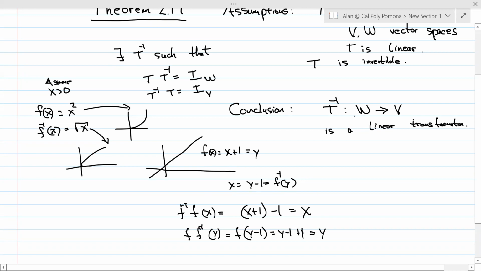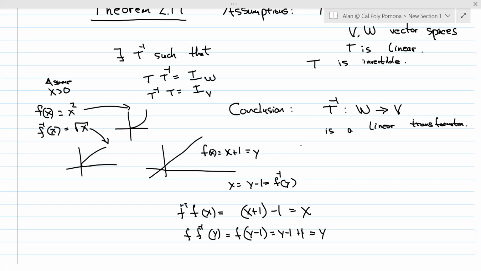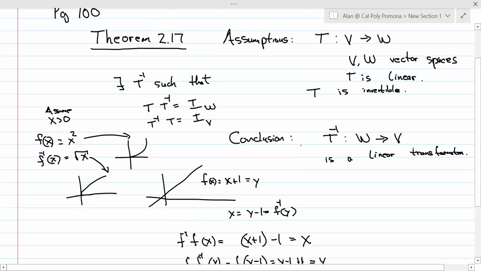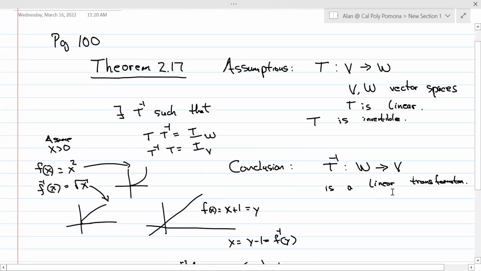Well, we're saying that holds in general, with our general definition of linear being between two vector spaces. And it doesn't have to be just R2. It could be vector spaces like we just talked about, polynomial vector spaces, or it could be matrices or a variety of things. Okay, so that's what this theorem is about. It's saying that if you have a linear function and it has an inverse, then that inverse itself is linear.